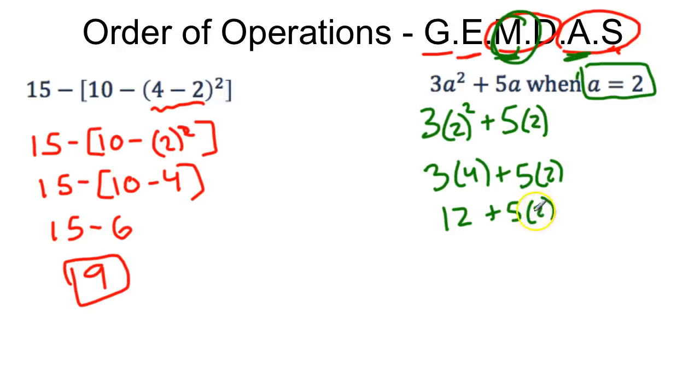And then I have add and multiply. Well, I need to multiply this before I add, so I'm going to do this one over here now. 12 plus 5 times 2, that's 10. And lastly, I can add those together. 12 plus 10 is 22. So that is your final answer.